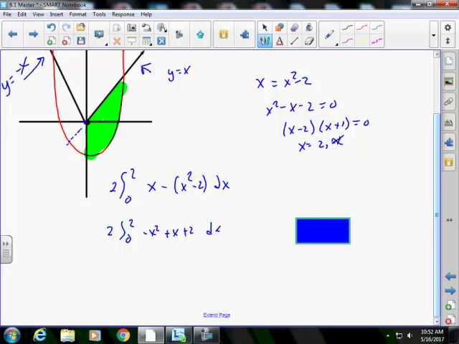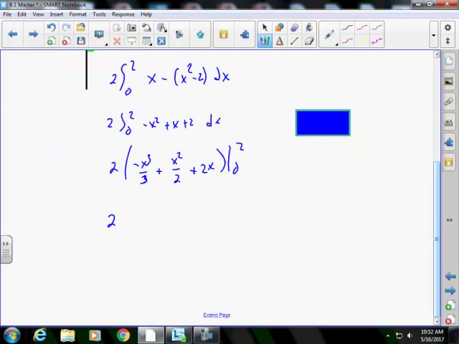Then I'm going to integrate, so I get minus x cubed over 3 plus x squared over 2 plus 2x. And I'm evaluating all that from 0 to 2.